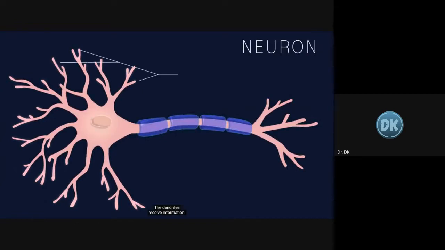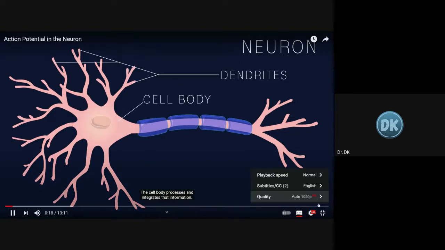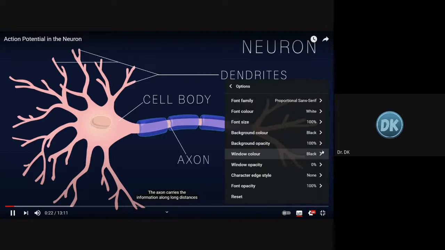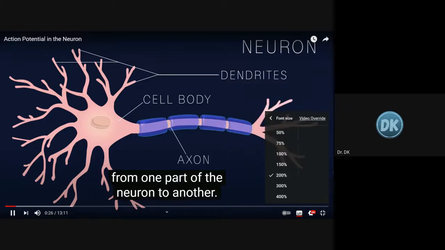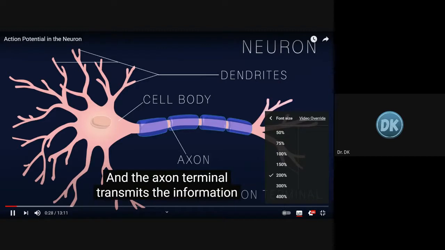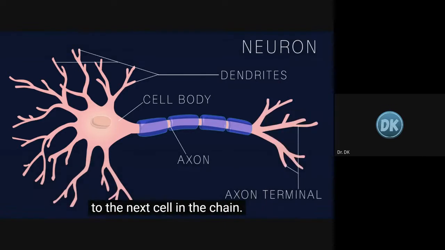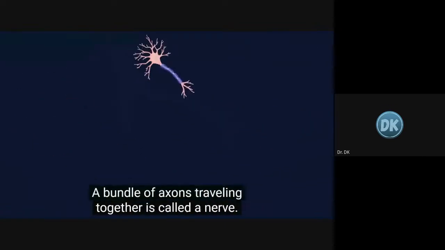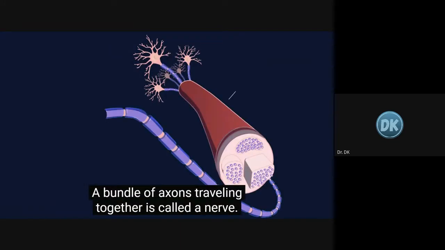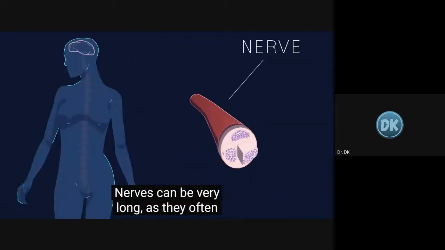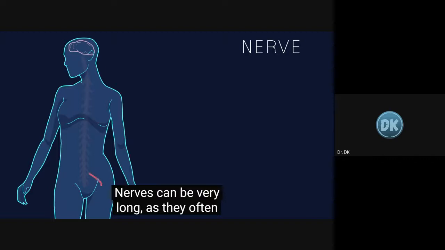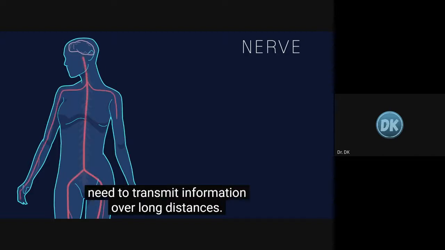The dendrites receive information. The cell body processes and integrates that information. The axon carries the information along long distances from one part of the neuron to another, and the axon terminal transmits the information to the next cell in the chain. A bundle of axons traveling together is called a nerve. Nerves can be very long, as they often need to transmit information over long distances.